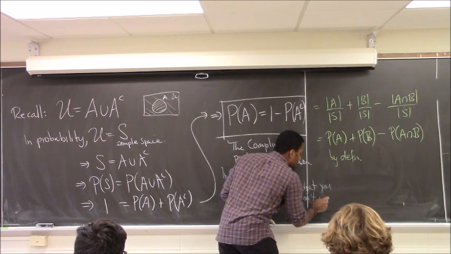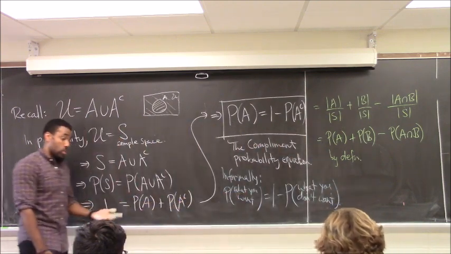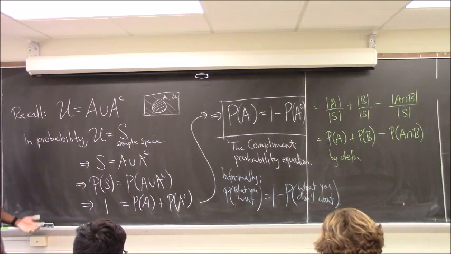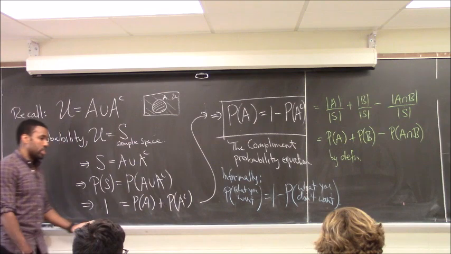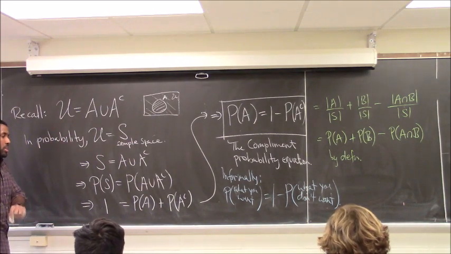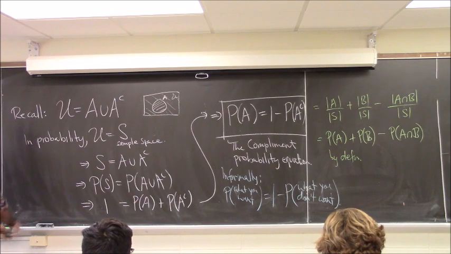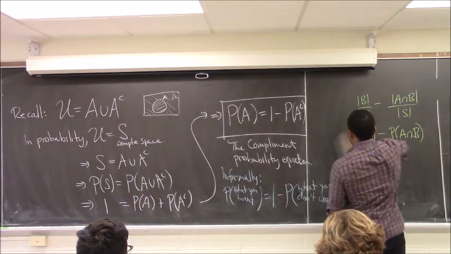There are times when looking for the opposite of what you actually want is going to be a lot easier. And in such a situation, you can use this equation to find the probability of what you actually care about. By finding the probability of what you don't care about, if you know that probability, you'll automatically know the other probability. So that is going to be super useful.